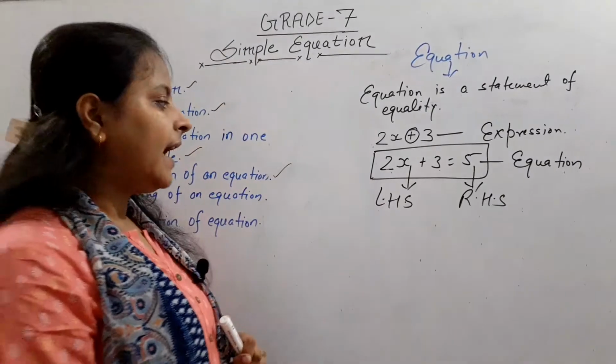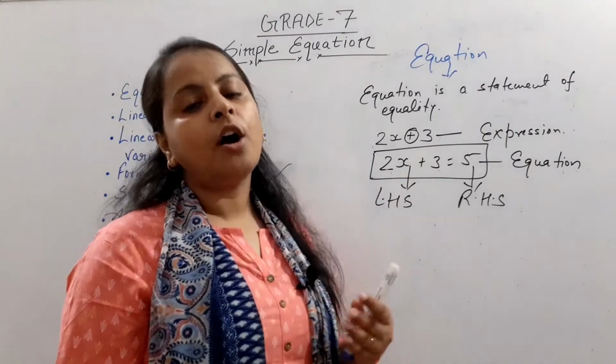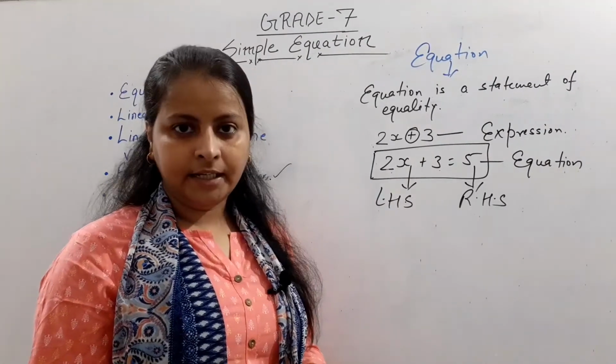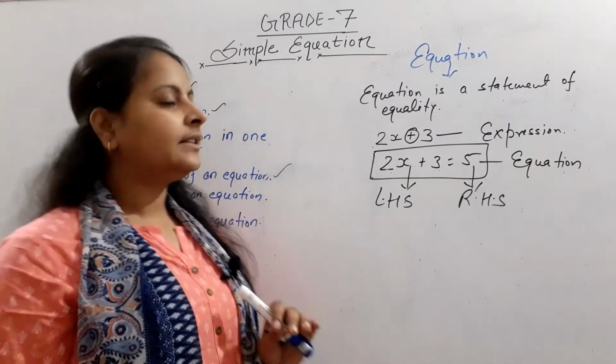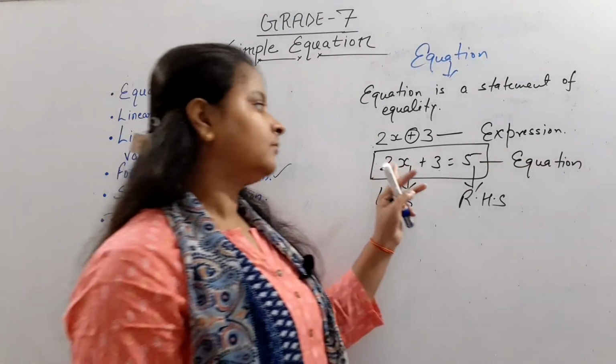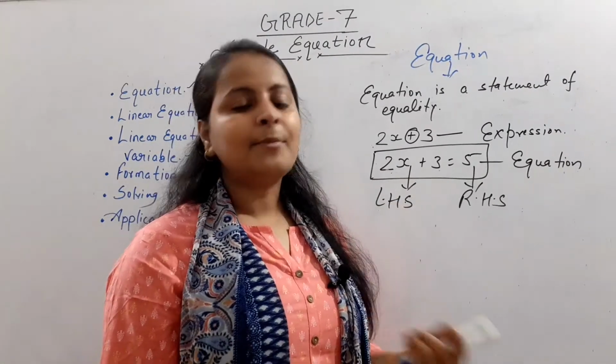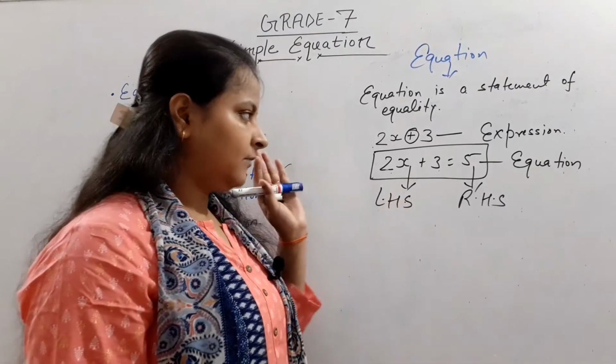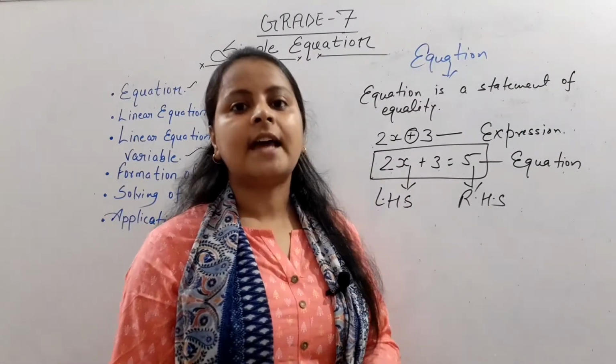Now students, an equation may or may not contain a variable. It is not necessary that every time an equation consists of a variable. Sometimes the equation does not contain any variables.